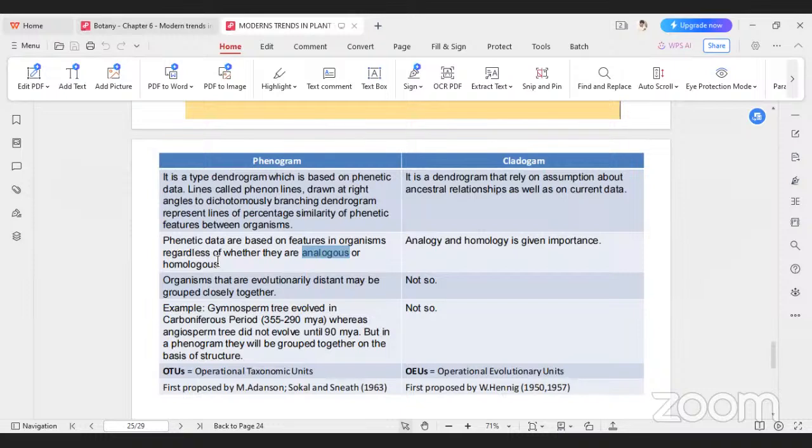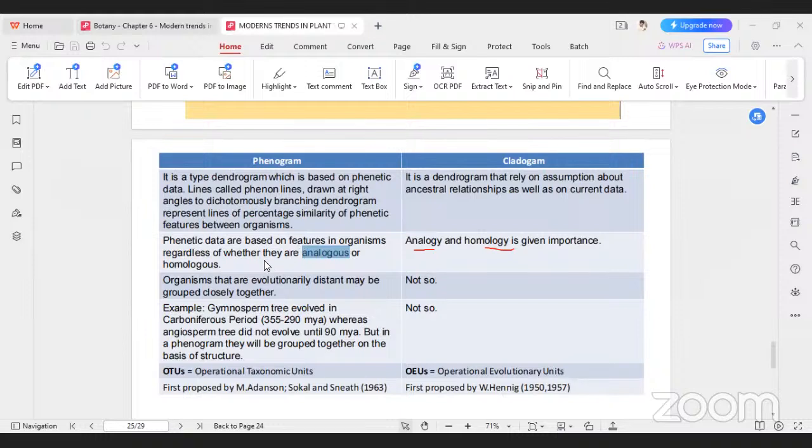So here is the difference between analogous and homologous. If any two structures or organs perform a similar function but are structurally different, that is called analogous. In analogous, homology is not given importance.